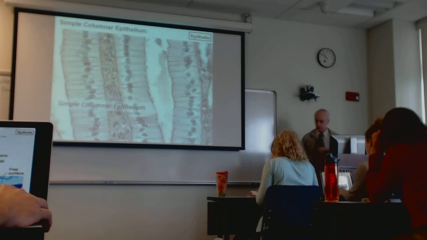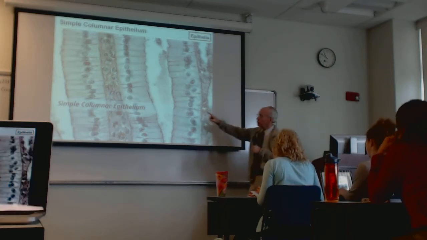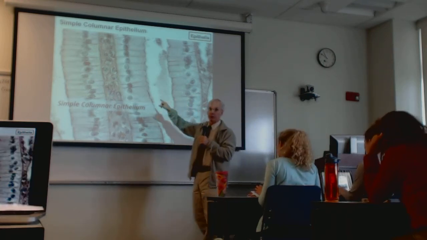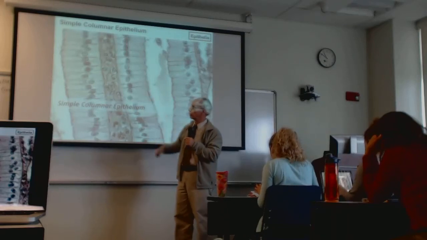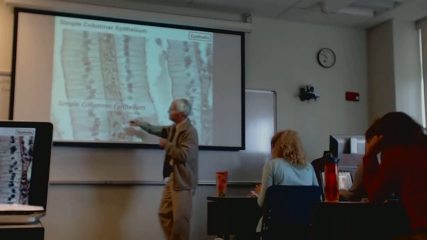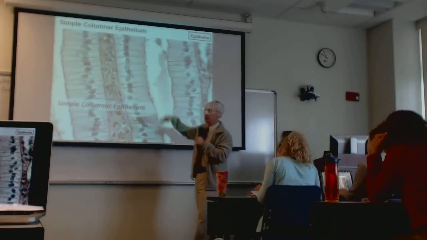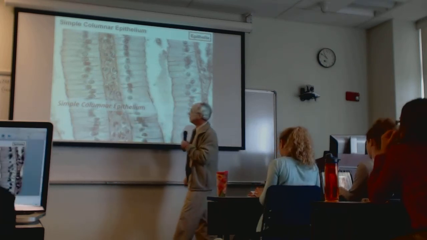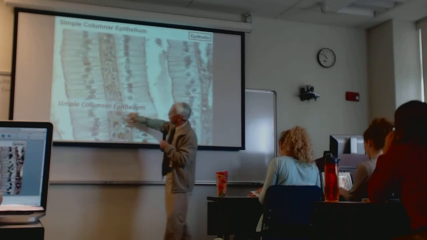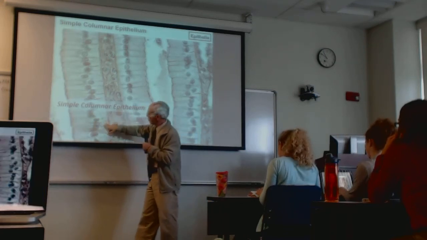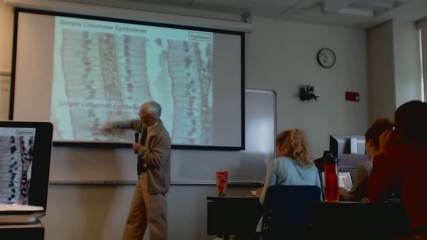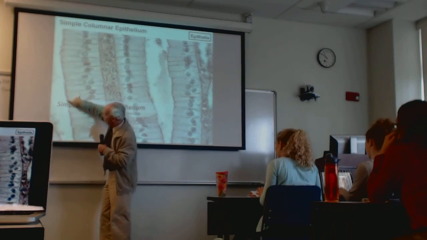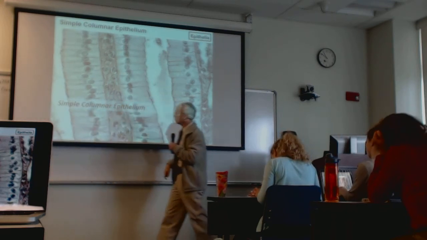This is one, and we'll stop there and take a break, but this is one you would definitely have to be able to identify, because this is going to be very important. What we're looking at here is a villus of the intestines. This is a villus here, finger-like projection. We can see the simple columnar epithelium with the microvilli, also called the brush border.